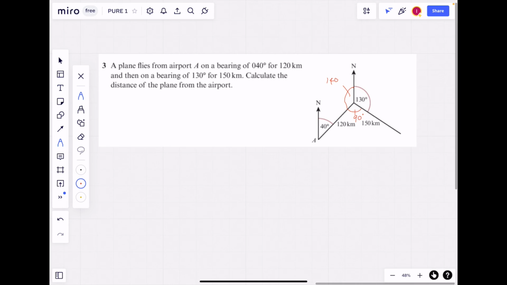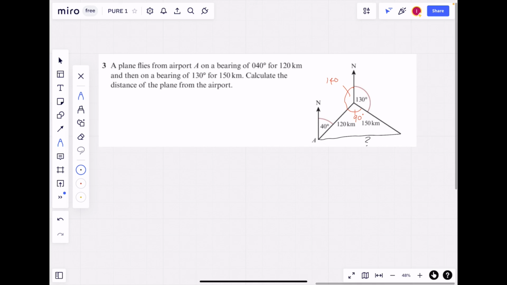Okay? Now, we want to calculate the distance of the plane from the airport. So we're trying to work out this. You can use the cosine rule, or you can use Pythagoras, because Pythagoras works for right angle triangles. We've got 90 degrees, it's a right angle.